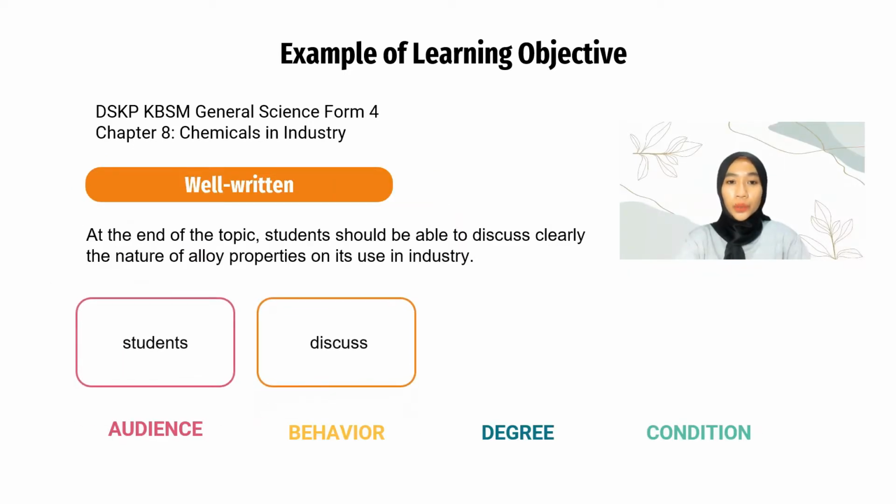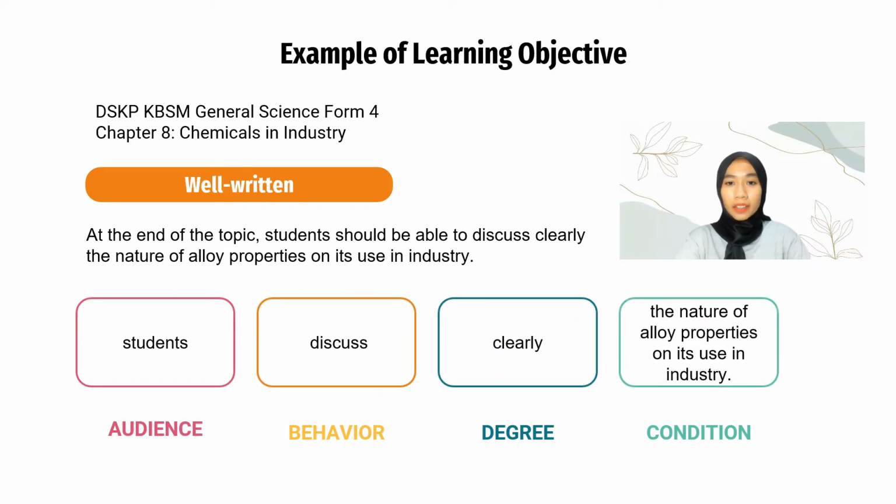Now, I will show you a well-written example of a learning objective that follows and meets the ABCD technique. At the end of the topic, students should be able to discuss clearly the nature of alloy properties and its use in industry. You can see here that the learning objective follows the four components, which are audience, behavior, conditions, and degree.